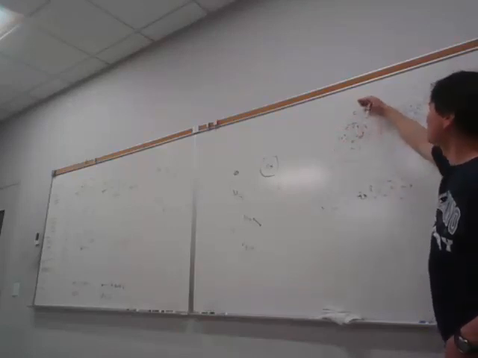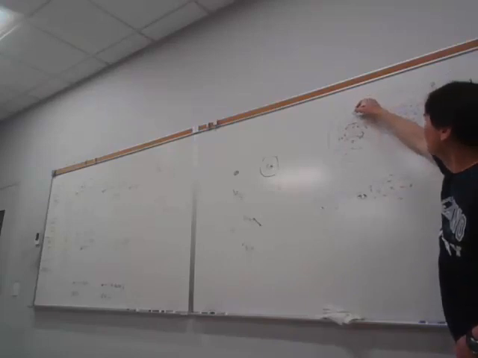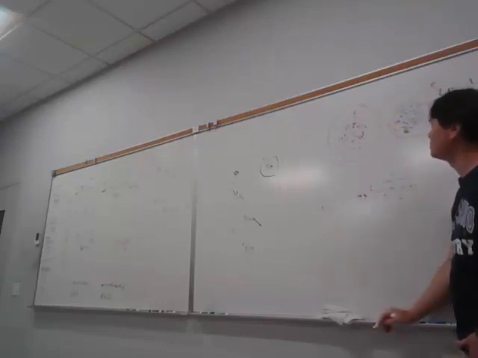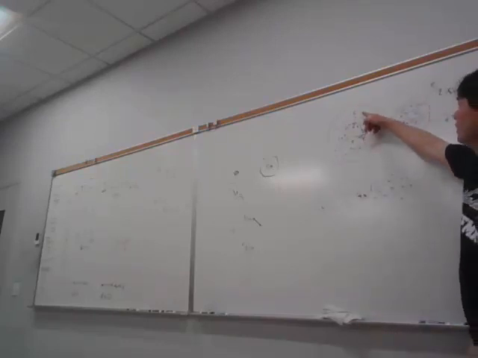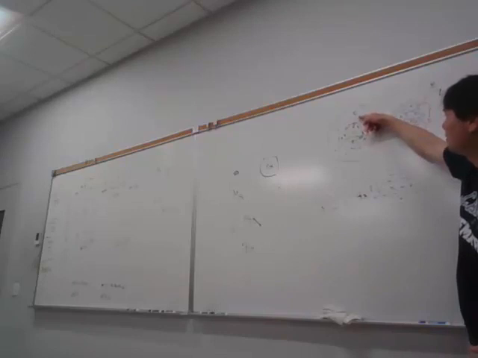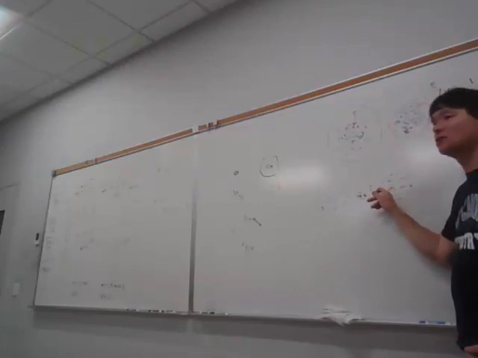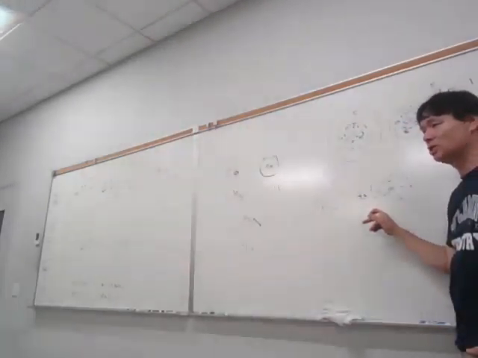A 3s electron has all this volume here, so it can sneak in through the 2s, sneak past the 1s and get very close to the nucleus. We call this penetration. A 3s electron can penetrate more closely to the nucleus, whereas a 3p electron can't penetrate as closely because it's better shielded.